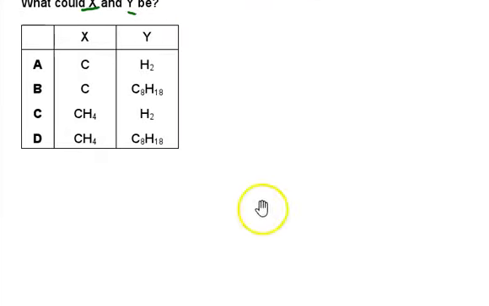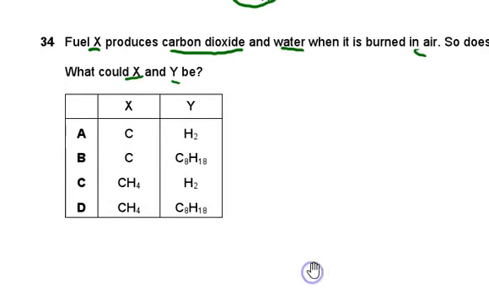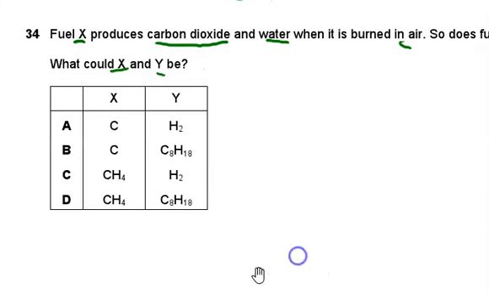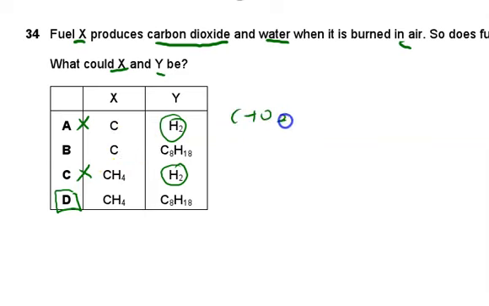So if you look properly here, hydrogen will produce water only. They do not produce carbon dioxide. So A and C is not the answer. And your best answer here will be D. Because carbon, when they got burned, they only will produce carbon dioxide and there will be no water.